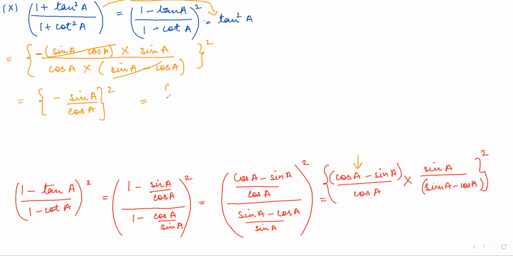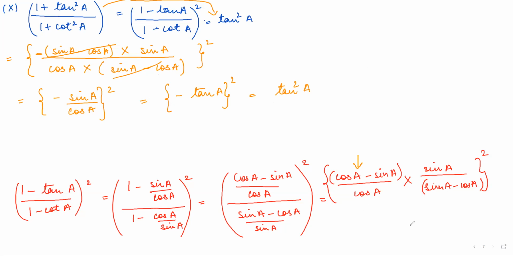Now minus sine a by cos a is tan of a whole square, right? So when you are taking square, minus into minus will become plus, and this will become tan square a, right? Yes, ma'am. So both the terms are coming out to be equal to tan square A.